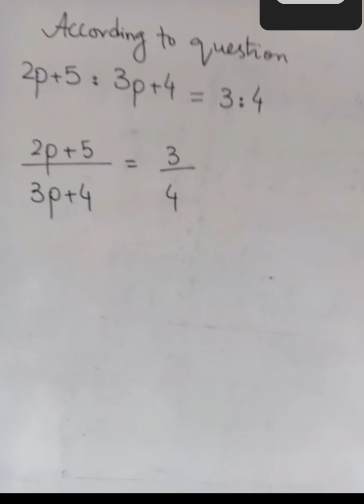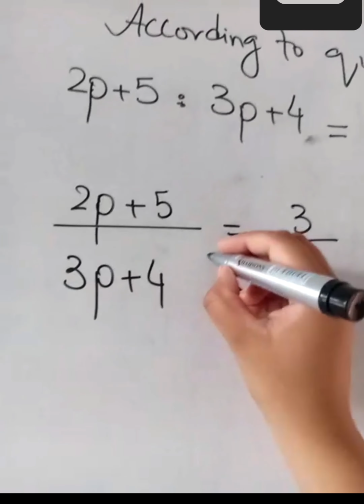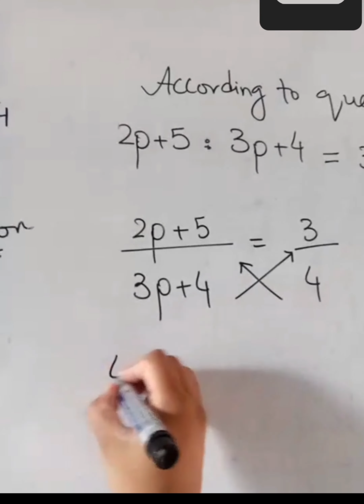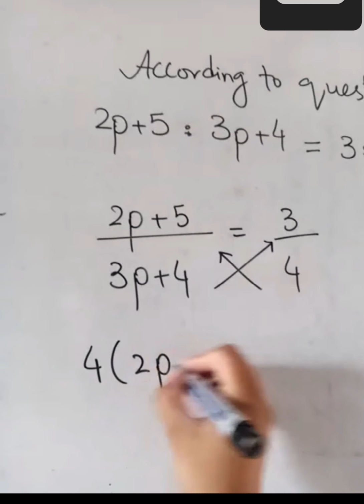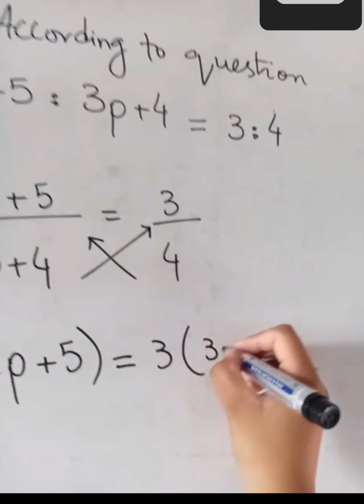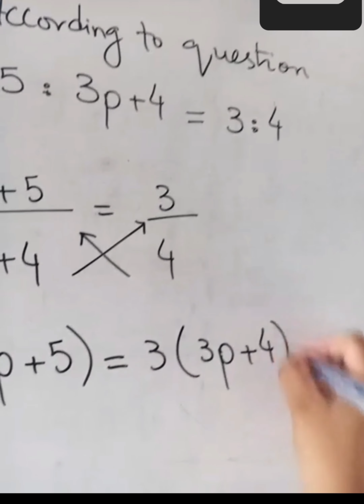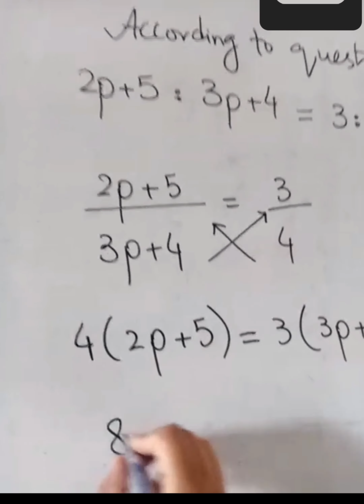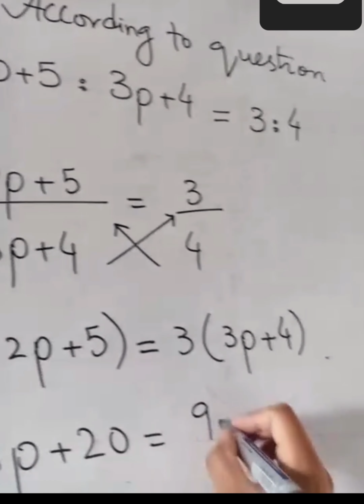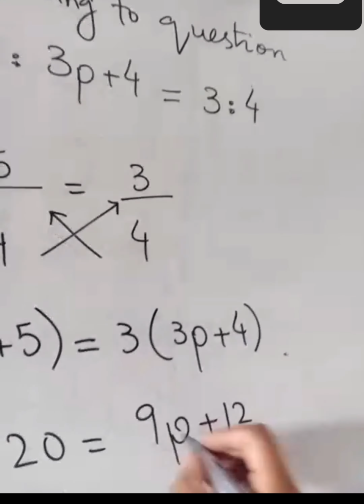I think cross multiplication is better. Do cross multiplication of the numbers. This will be 4 times (2p plus 5) is equal to 3 times (3p plus 4). This is 4 times 2 is 8p plus 5 times 4 is 20, equal to 9p plus 4 times 3 is 12.